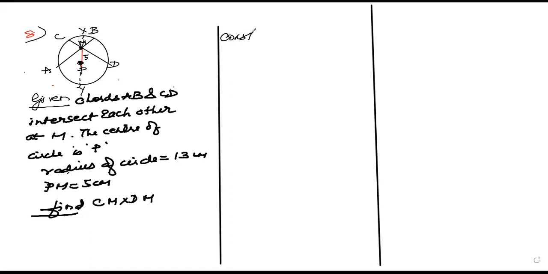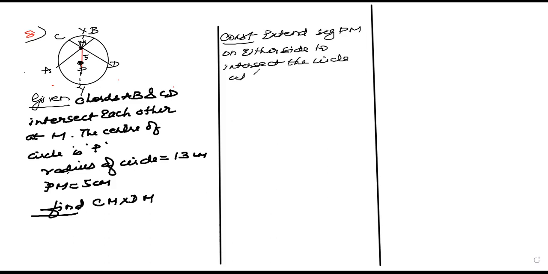Construction: I extend segment PM on either side to intersect the circle at points X and Y. Okay, extend PM to intersect the circle at points X and Y.